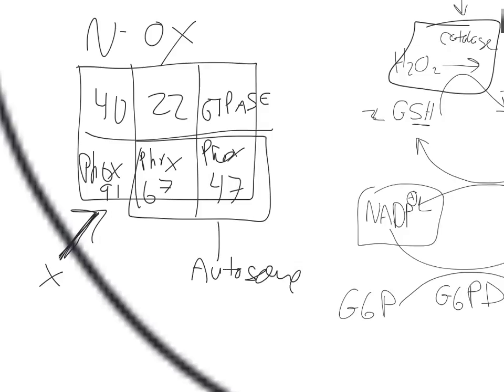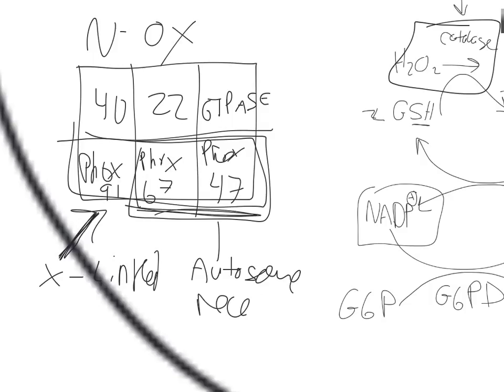And any of these 3 phagocyte oxidase, any of these PHOX proteins, can have a defect, a mutation in them, that will inactivate NADPH oxidase. So with PHOX91, we can get an X-linked recessive, and with the other 67 and 47, we can get an autosomal recessive defect in the oxidative burst.